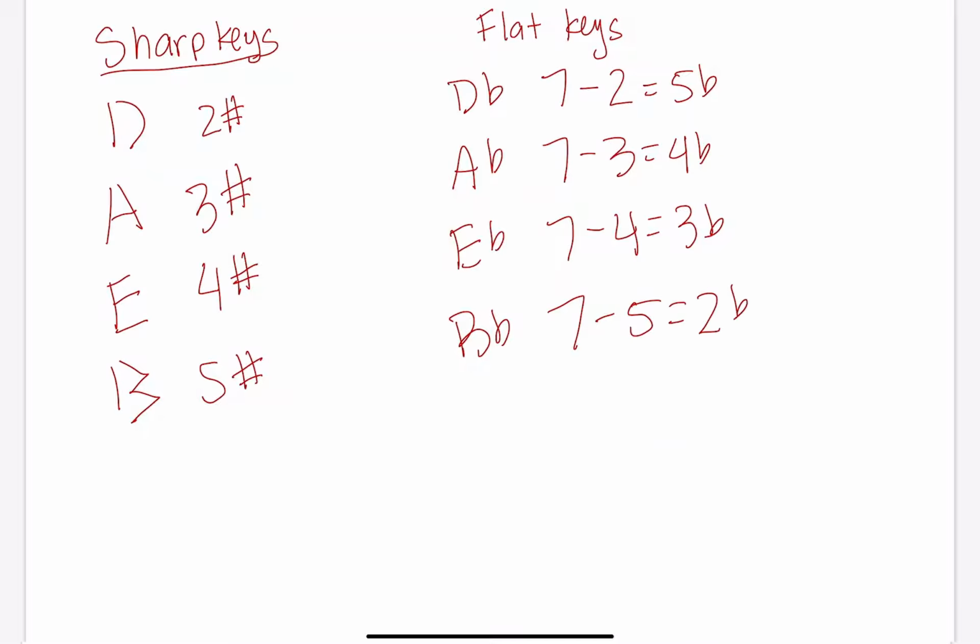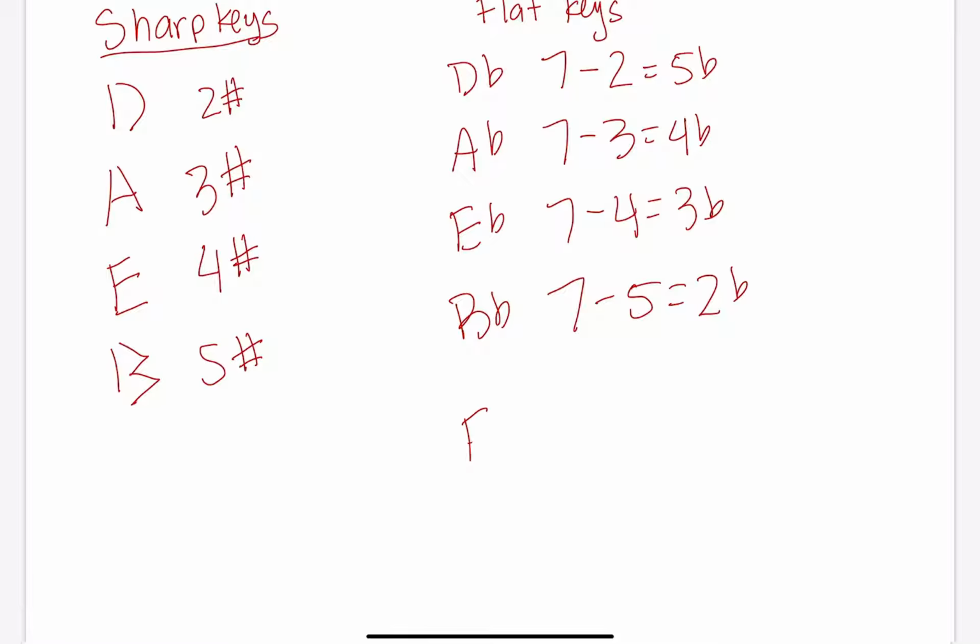Okay, the same thing is true of F, which is the 1 that we just have to remember. Okay, that it has 1 flat, which means that F sharp will have 7 minus that 1, giving us 6 sharps. Same thing with G and G flat. G has 1 sharp.